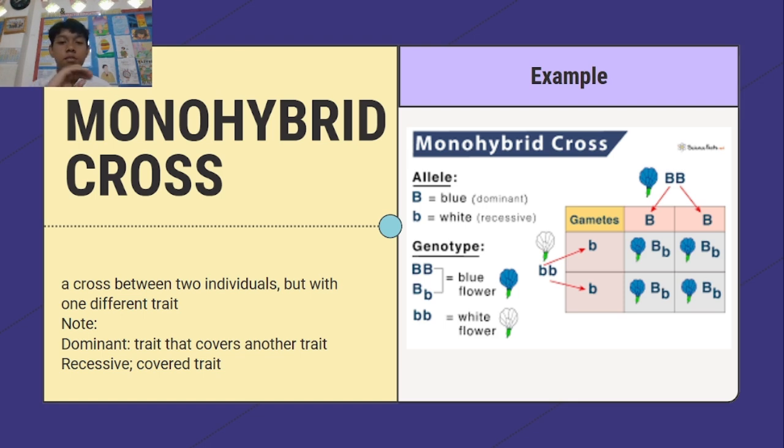The allele is B. The capital B stands for blue, dominant, and the small b stands for white, or recessive. The genotype of capital B and capital B, or capital B and small b, gives blue, and the small b and small b stands for white flower.